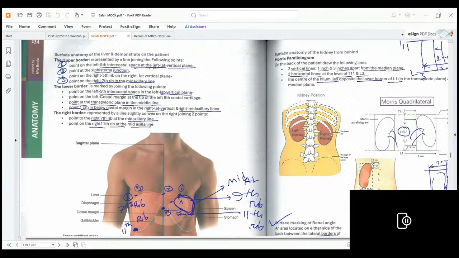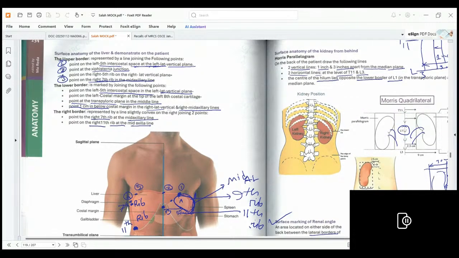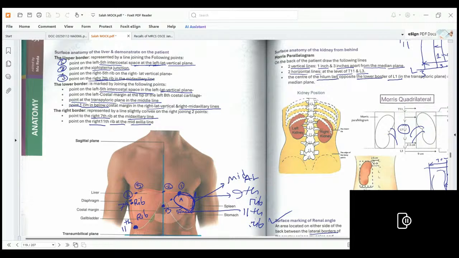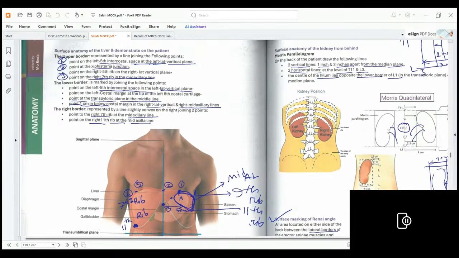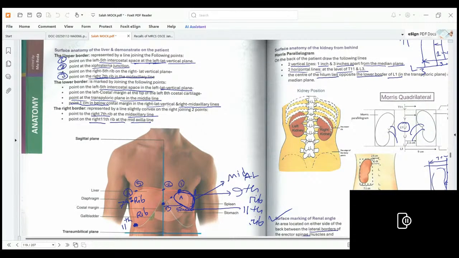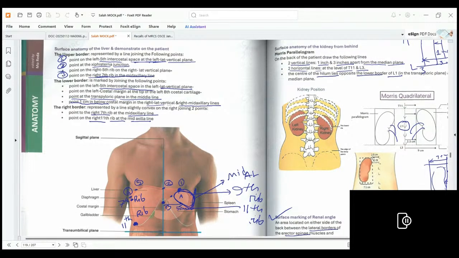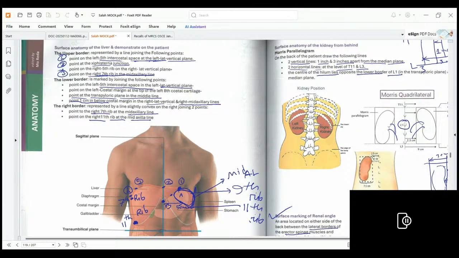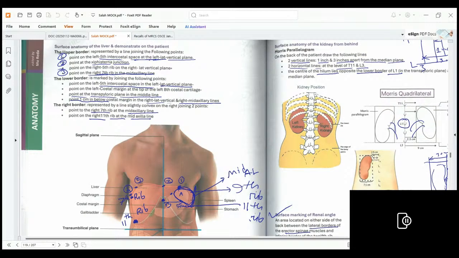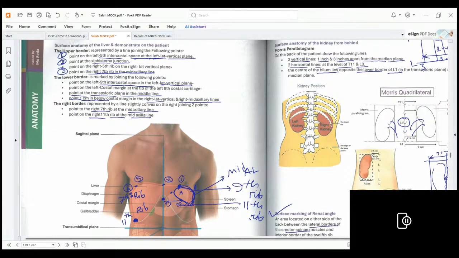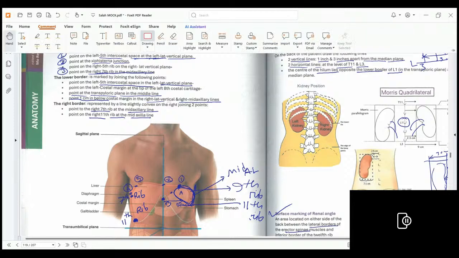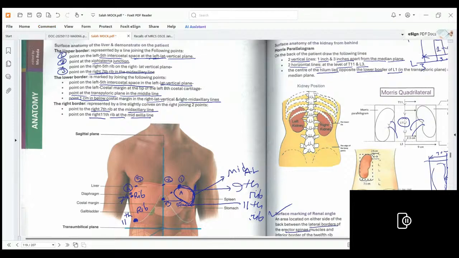So upper border, it is okay. Upper border by four points. First point in the left fifth intercostal space at the left lateral vertical plane. Here will be the left lateral vertical plane, and this side also will be a vertical plane.